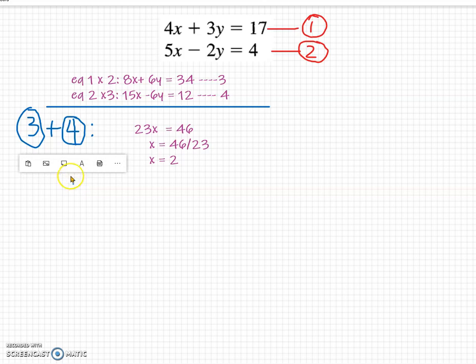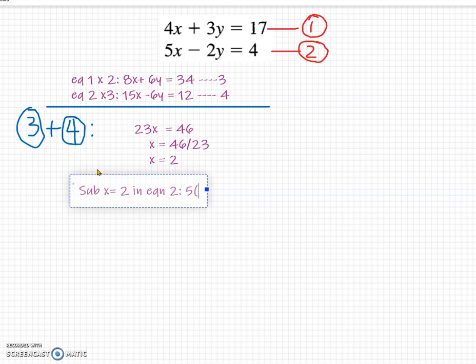Alright, so let's see what happens. So if I substitute x equals 2 in equation 2, I get 5 open bracket 2 close bracket minus 2y equals 4.